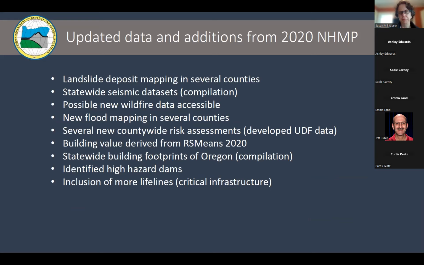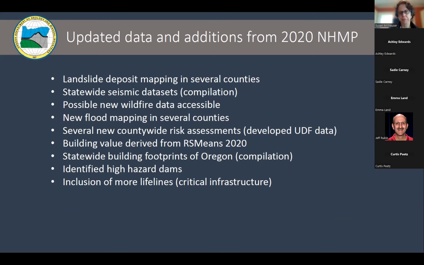Okay, so here's where I've kind of already been talking about this: areas where we are working with improved data from last time. Like I said, there are several areas where we've done landslide mapping. I talked about the seismic data set. You can see I just slapped this presentation together.